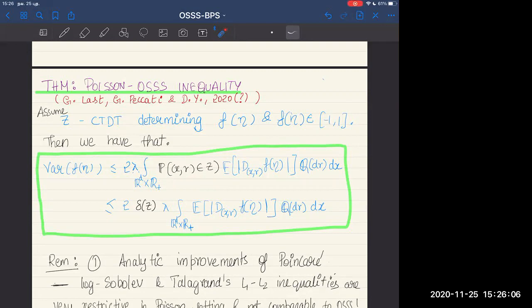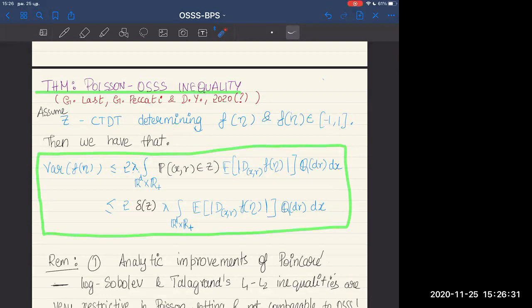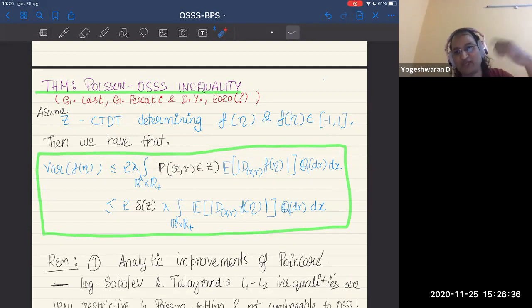Of course, people must have wondered about this. So that suggests there may be another inequality which uses an average over space rather than the worst case over space. You can do various averaging. What we do is average over Z. I'm choosing different Z based on S, but this is independent of my eta.